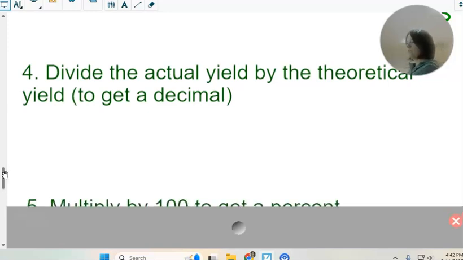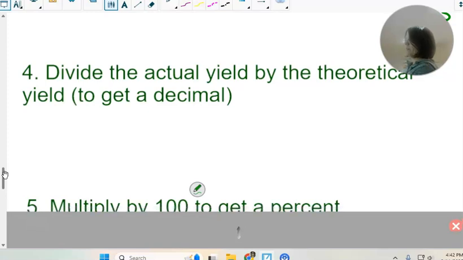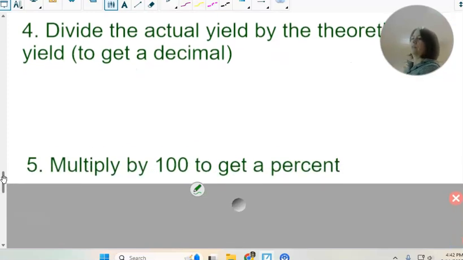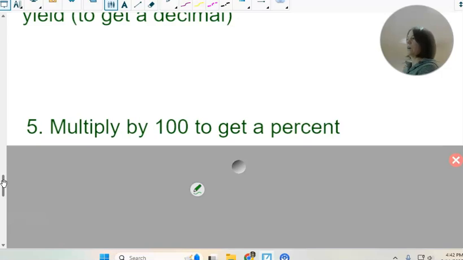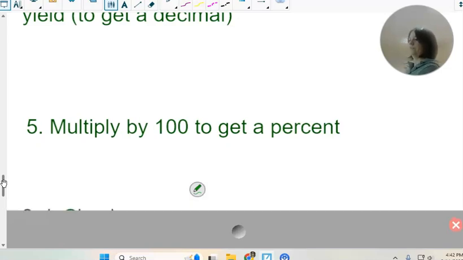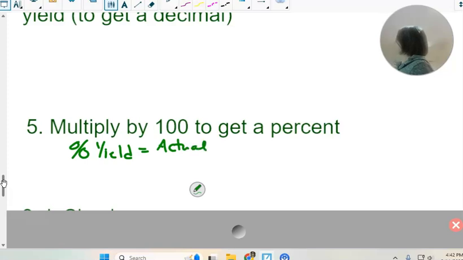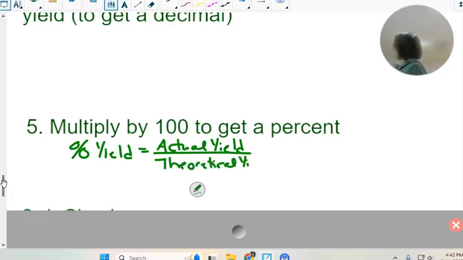So we're going to write out our equation. And I'm going to combine these 2 steps to just get our percent yield. So we write percent yield equals actual yield over theoretical yield times 100.